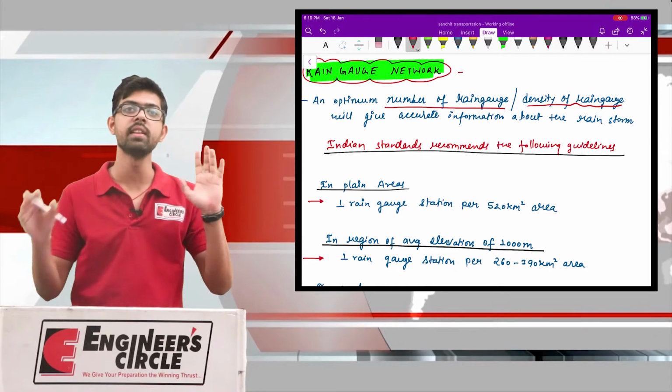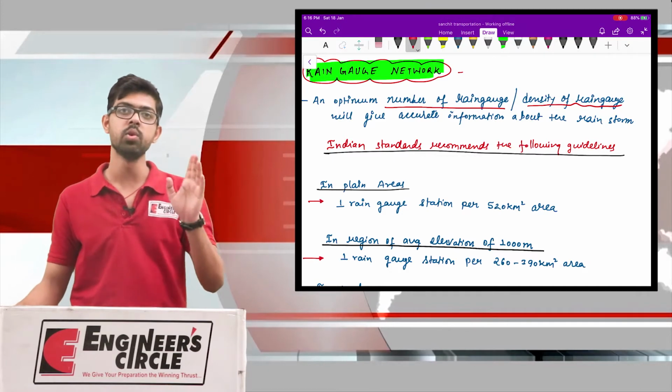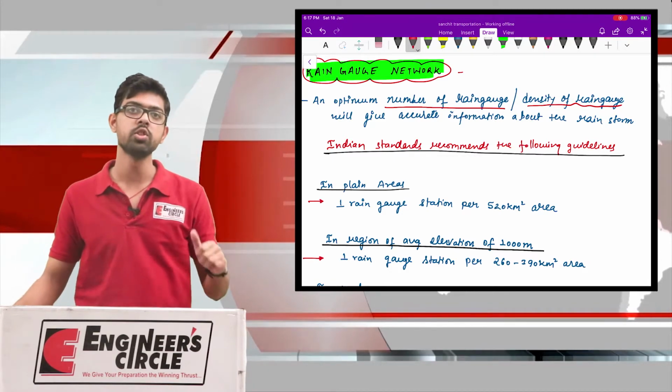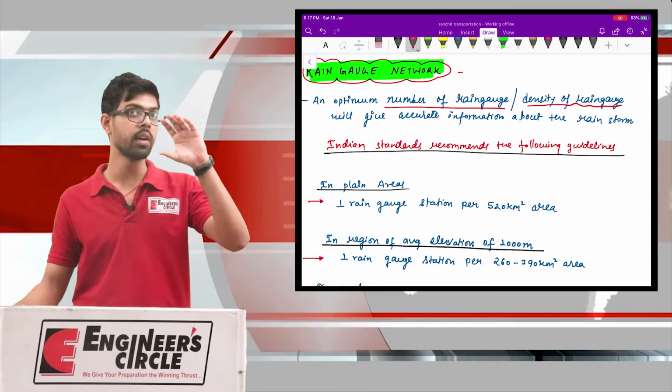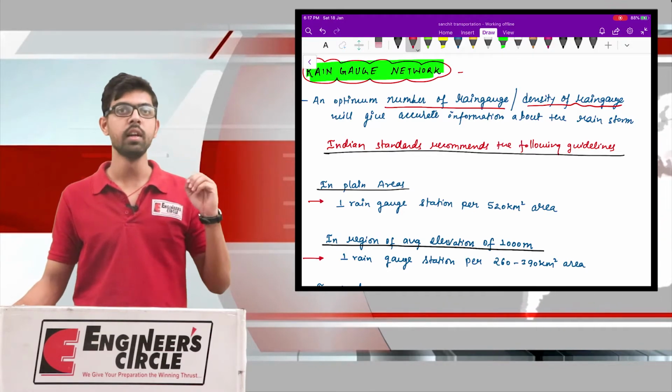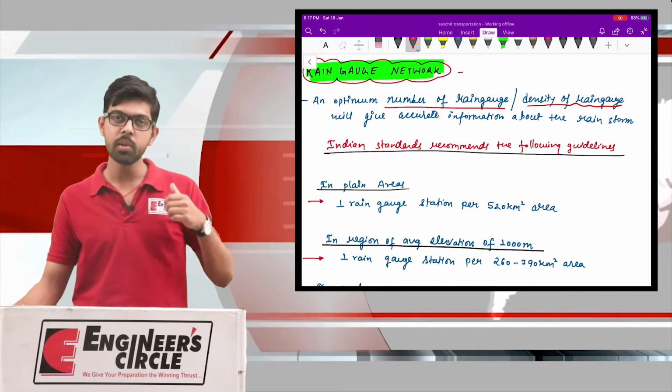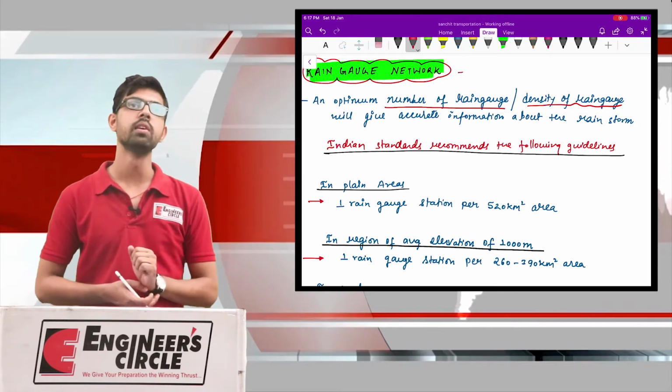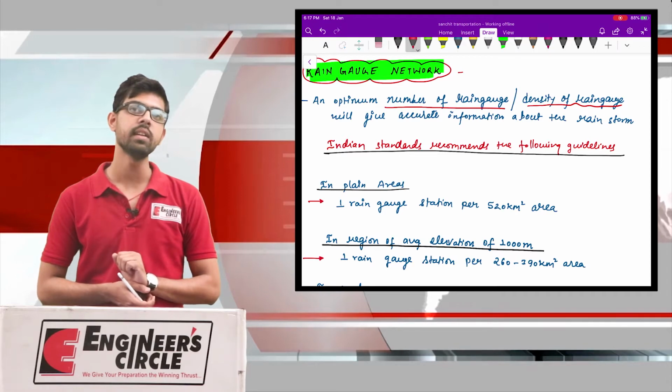Suppose I have 10 kilometer square of area. Over this area, what should be the optimum number of rain gauge stations so that they can record the more precise, more true rainfall value for the given rainfall?